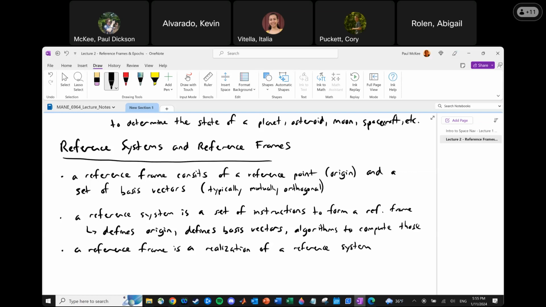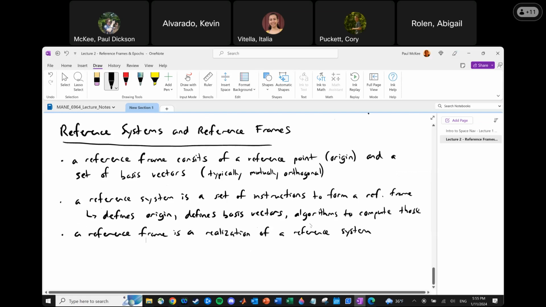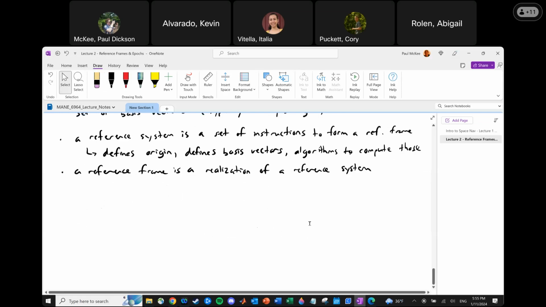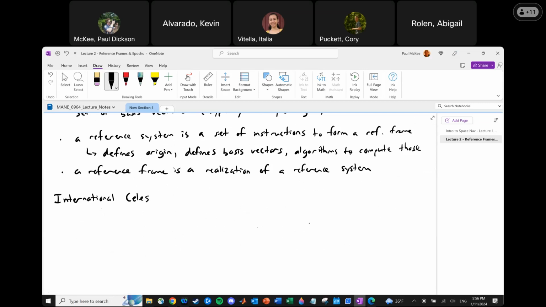And so that leads us to the first reference system that we're going to be spending a lot of time on, which is the International Celestial Reference System, or ICRS.